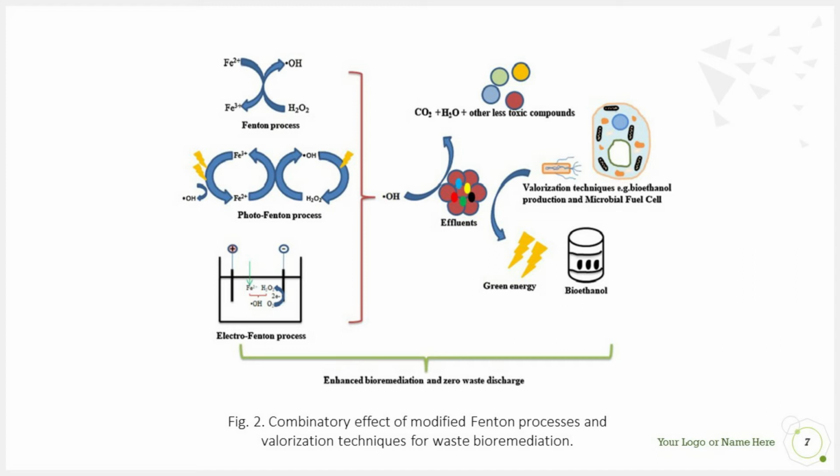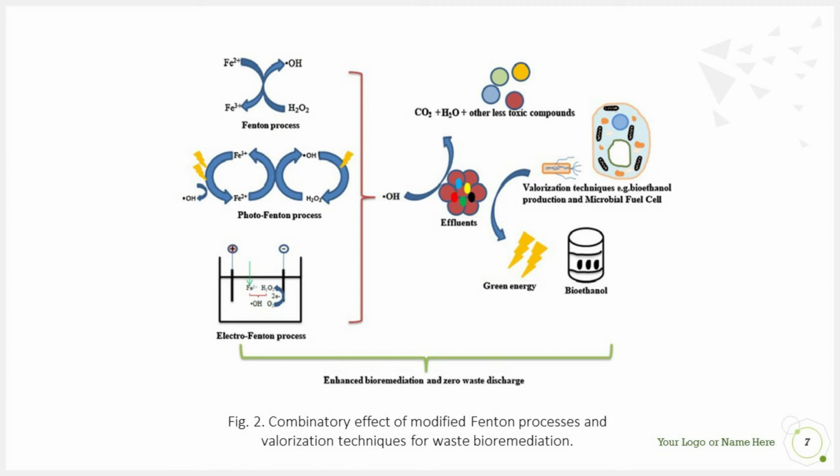The photo-Fenton process uses the mechanism of photocatalysis to regain ferrous ions. This study indicates that reusable and highly stable photocatalysts can improve the use of the photo-Fenton process in wastewater treatment. Another variant of the Fenton process, which has recently been applied for treating pulp and paper industry effluent, is the electro-Fenton process.